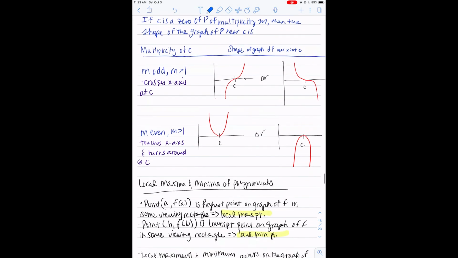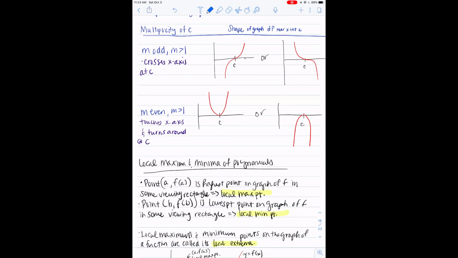When m is odd, the graph crosses the x-axis at c. If m is even, it touches the x-axis and then turns around at c, so it does not cross the x-axis.